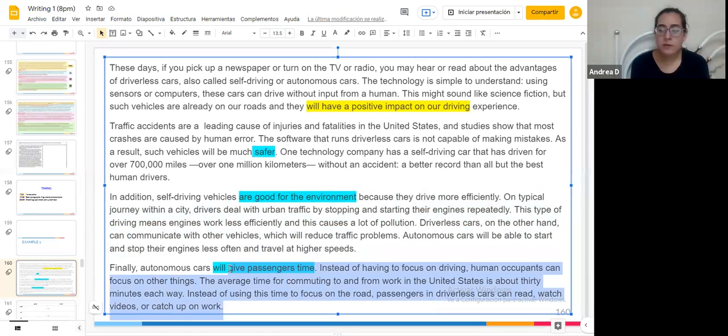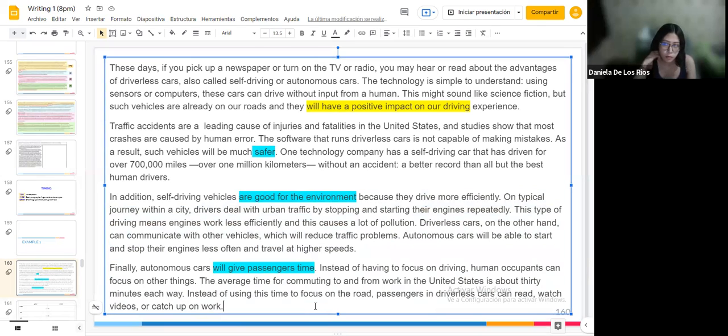Now, one more thing I wanted to say, some other elements that are also important that it will be nice if you can have in your essay is examples. So did you guys find any examples in this article? Yes.